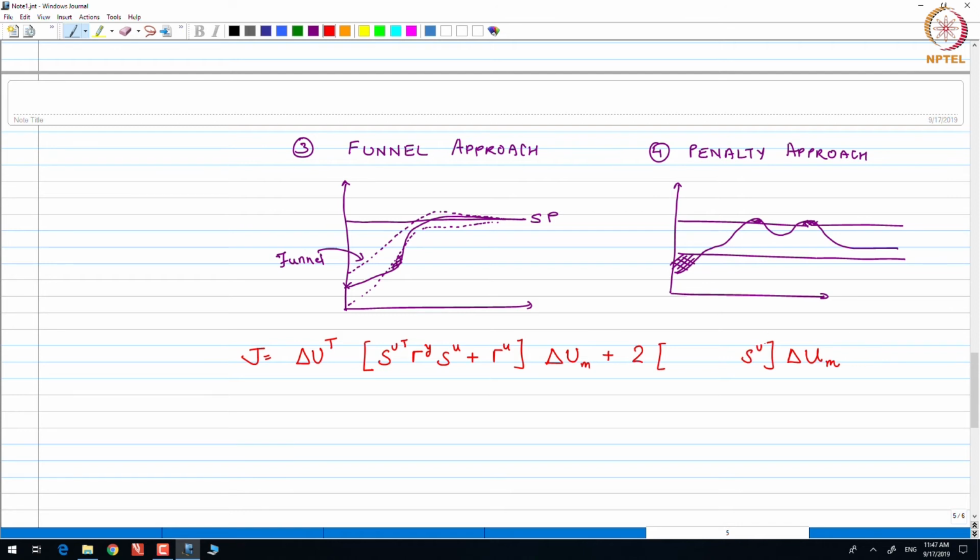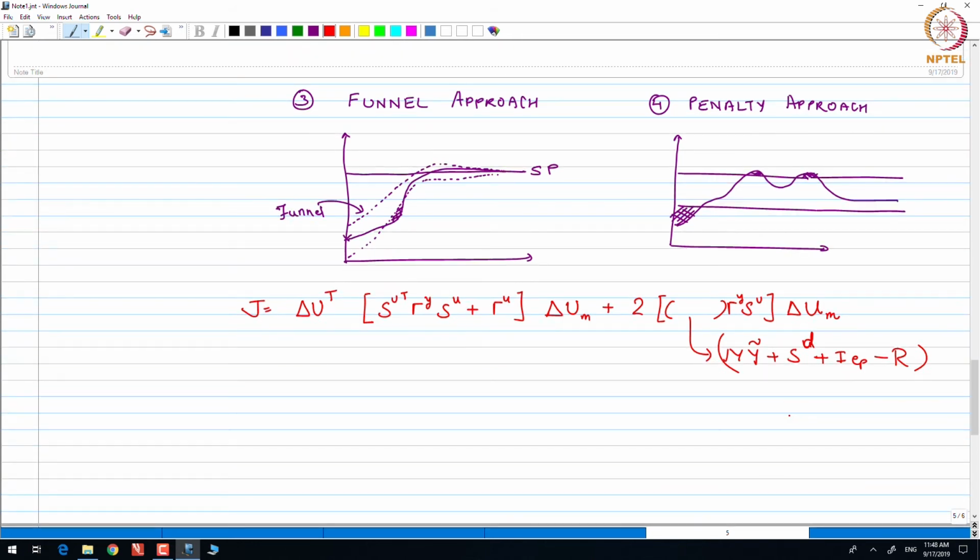I think it could be something like SU gamma Y and M Y tilde plus SU plus SD plus IEP minus R, something like this. Look up the notes. Don't rely on this. I'm doing this from a quick derivation from memory. That's how you write this. First term Hessian, second term gradient.